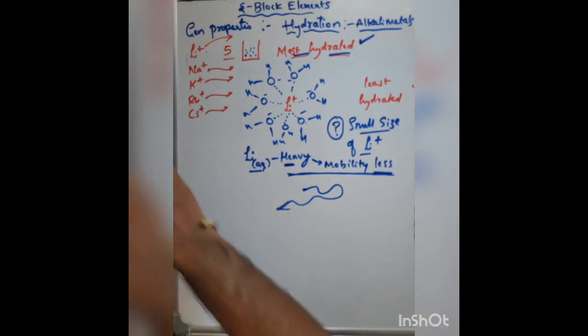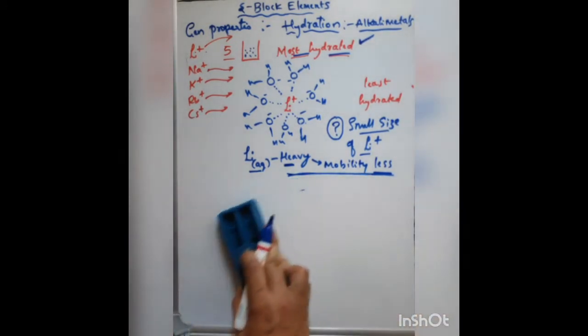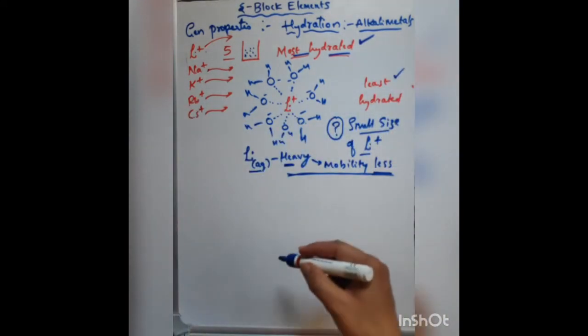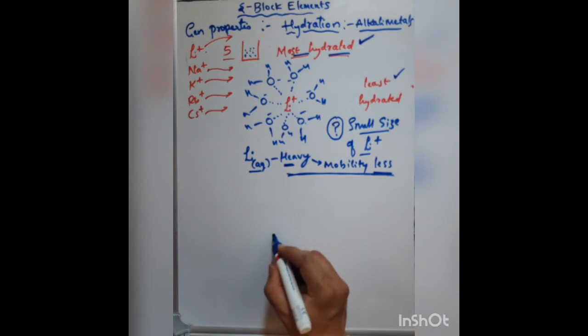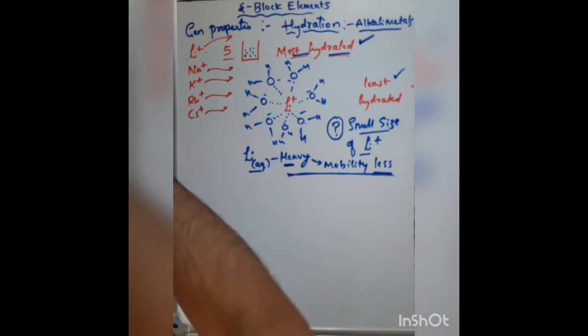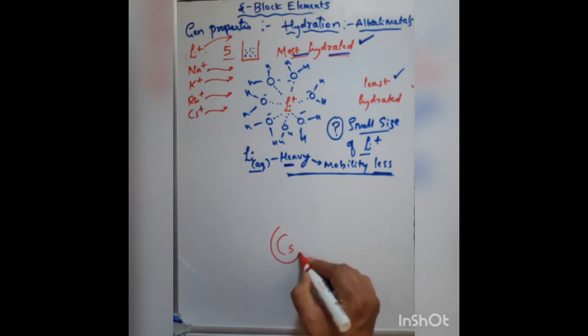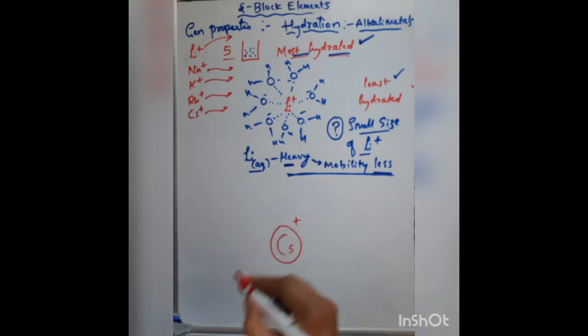Now let me take example of least hydrated. So cesium plus is having larger size. Cesium plus is having bigger size or larger size.